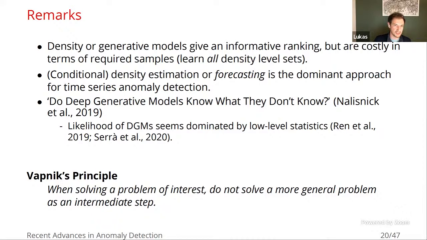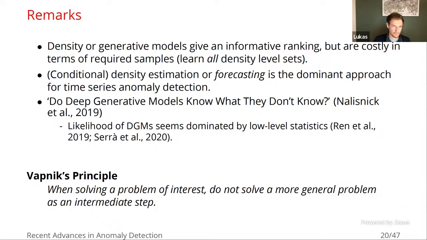And so this class of models, they give a very informative ranking. So you have a full score for the samples, but by this they are also the most costly in terms of samples required, because if you go for a full estimation of the distribution or the density, implicitly you estimate all of the level sets.